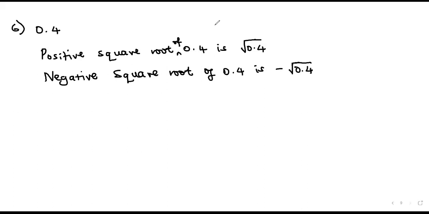So is there any number that we can multiply by itself to get 0.4? Yes or no? No. I think no, because if we say that this is 4 out of 10, the square root of 4 is 2, but 10 no. So there is no number that we can multiply by itself to get 0.4.